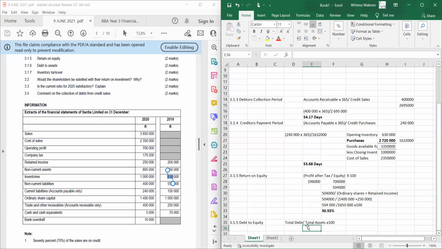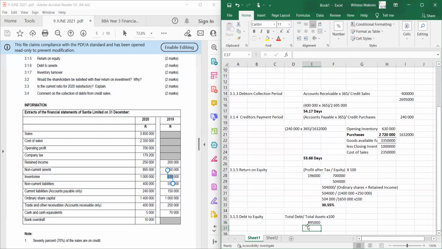non-current assets. Do you see the non-current assets? It's 895,000, an asset. Then inventories is an asset. Then non-current liabilities, we have non-current liabilities is 400,000. Then current liabilities we have, which is 240.